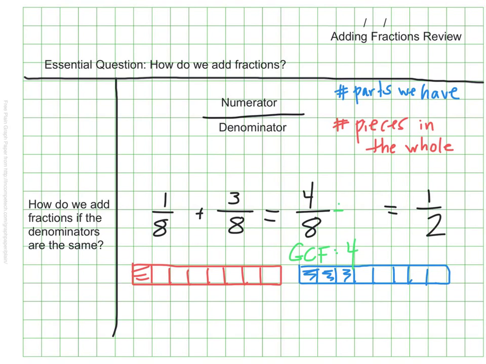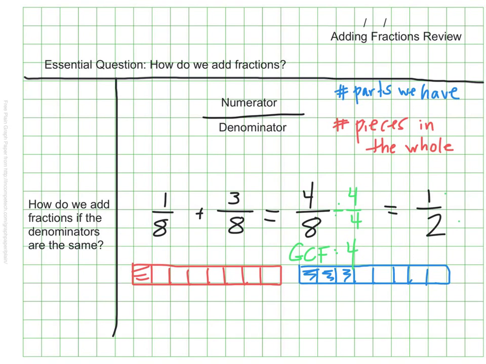So I am going to divide both my numerator by 4 and my denominator by 4. 4 divided by 4 is 1, 8 divided by 4 is 2, so 4/8 simplified is equivalent to 1/2.